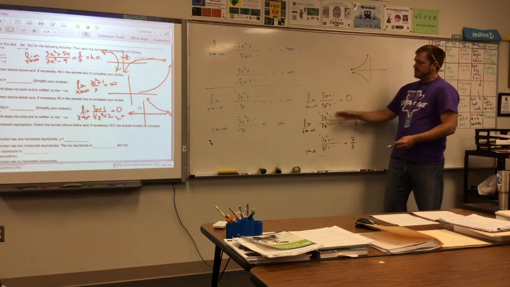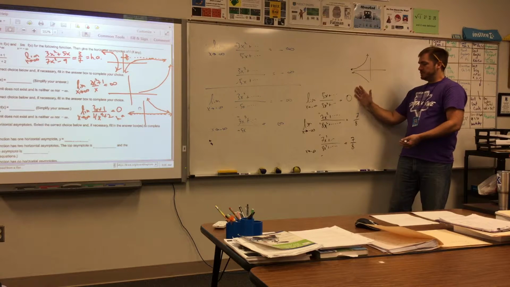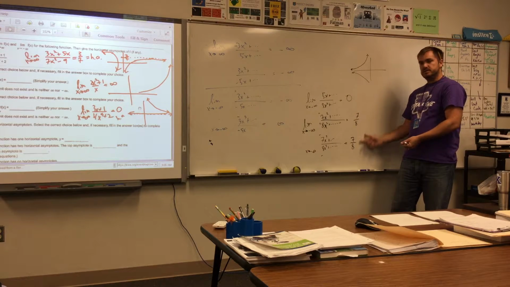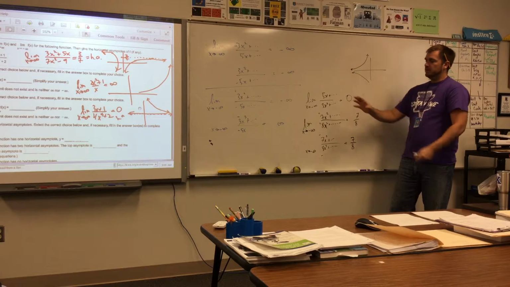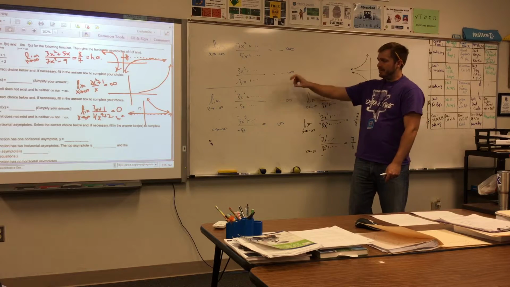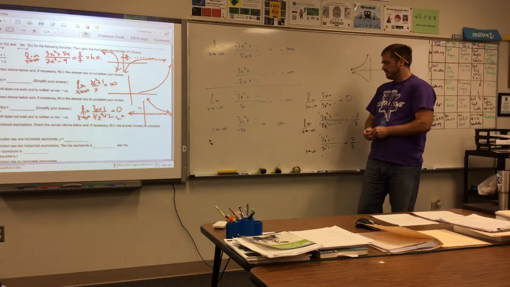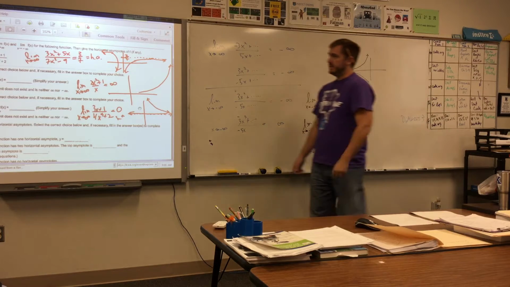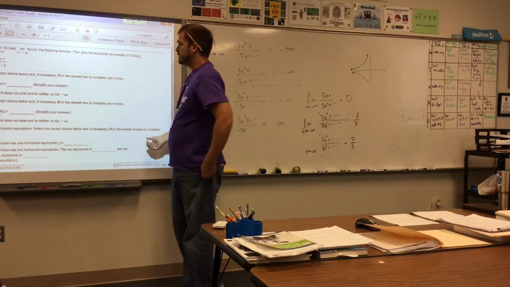So as x approaches negative infinity, I'm not really worried about it when it goes to 0 or when it goes to a specific number, that's a horizontal asymptote. The only thing that's going to be kind of wonky is when I've got that infinity situation, and I've got to figure out if it's approaching negative infinity or positive infinity. All that said, let us now apply those principles to this particular problem.